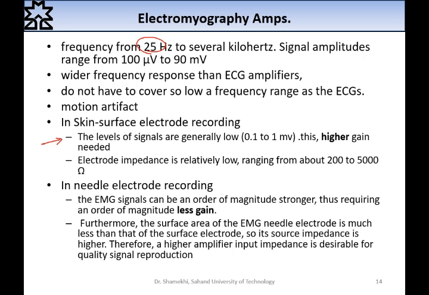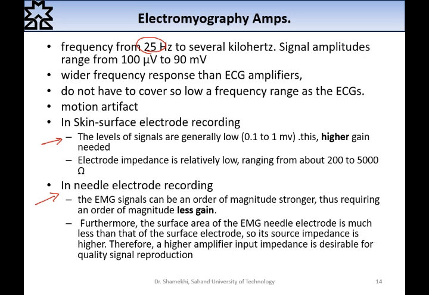But in needle electrode recording, which means that we record signals inside our muscles, the EMG signals can be an order of magnitude stronger, thus requiring an order of magnitude less gain. We need less gain than skin surface recording. And furthermore, the surface area of the EMG needle electrode is much less than that of the surface electrode.